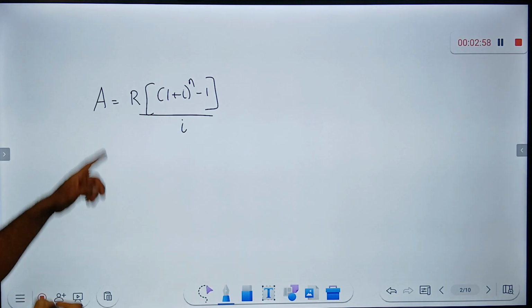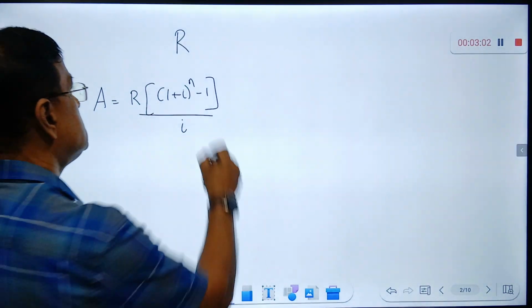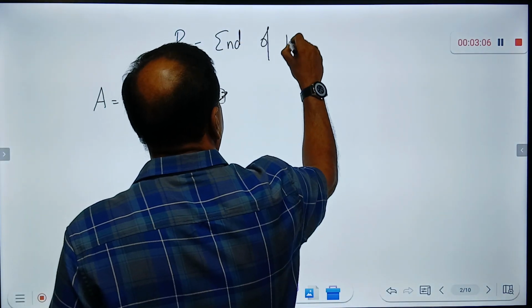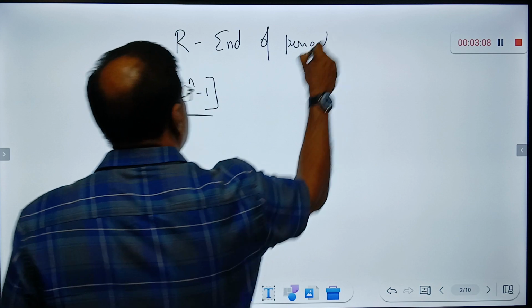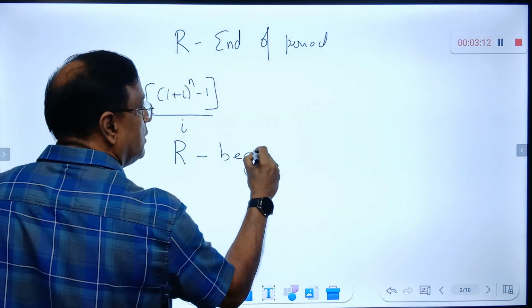Suppose I make this periodic payment R, this is for the end, if you make the payment at the end of the period. Suppose we make the periodic payment R at the beginning.